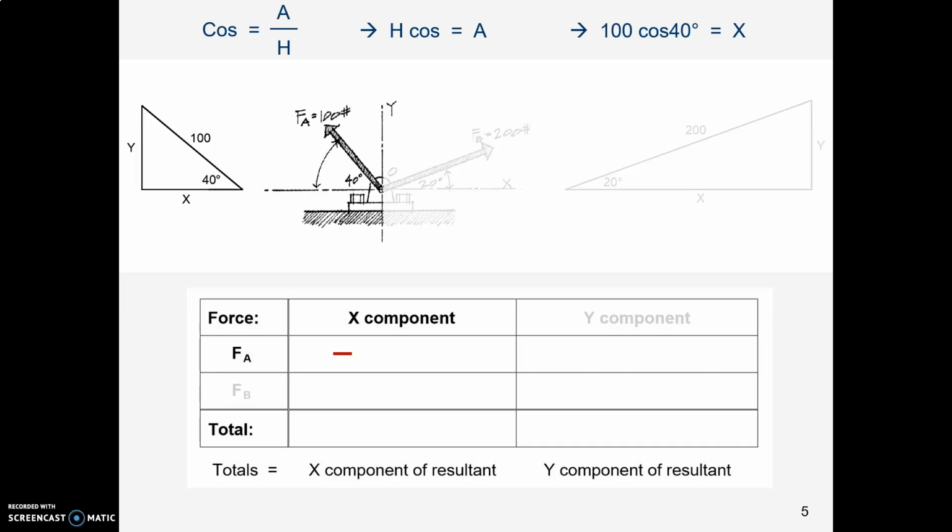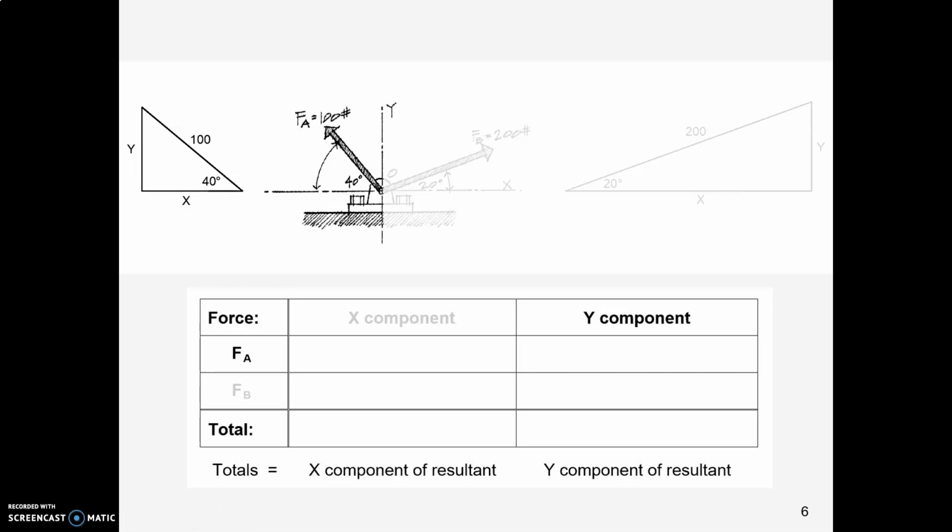That will give us the X component, which is the adjacent side. And notice that X is negative this time. That force is pulling off to the left. So that's a negative X component. So if you were making one of these tables, make sure that you have a negative number in that table.